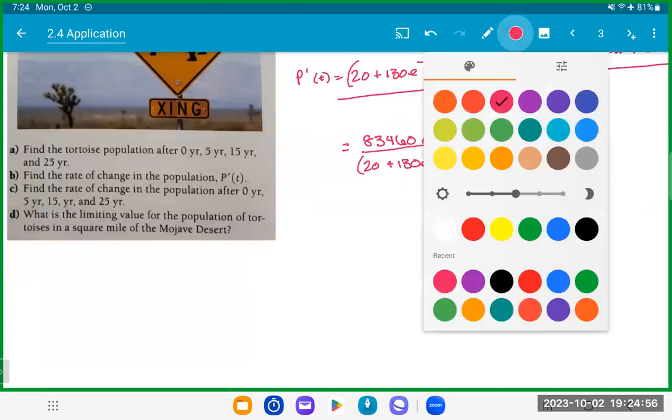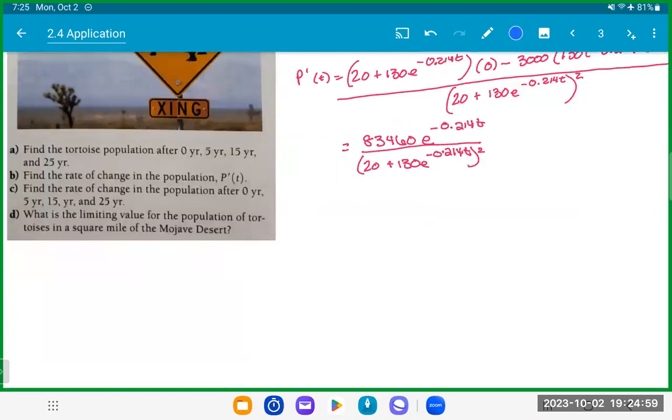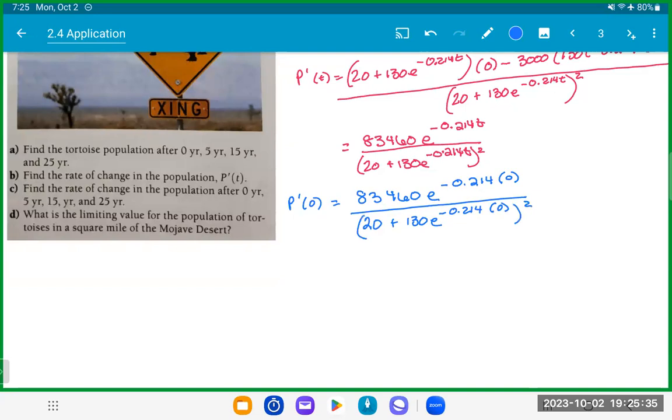Okay? Now that we have that, for part C, we want to use that formula to evaluate the rate of change at 0, 5, 15, and 25. So P prime at 0 is equal to 83,460 e to the negative 0.214 times 0, divided by 20 plus 130 e to the negative 0.214 times 0, squared.